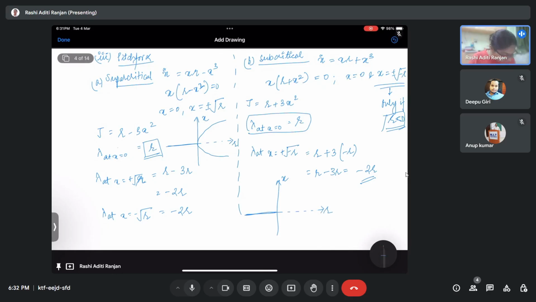These two points are going to be something like this, because they exist only for r less than 0, and they are unstable because we have the eigenvalue minus 2r, and if I put a negative value of r over here, it becomes positive and hence unstable. So this is how the variation is going to be.